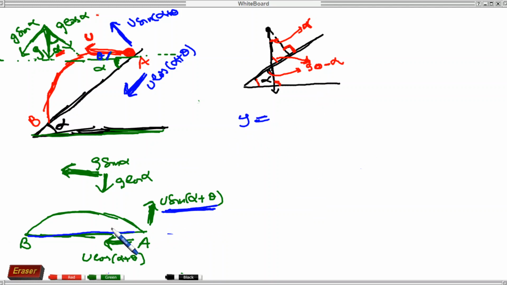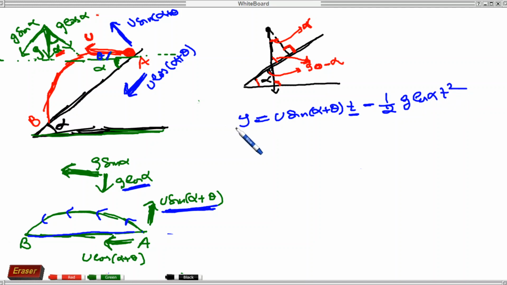The displacement will be 0, so we consider the vertical component. So u sin(alpha plus theta) times t, where t is the total time of flight from A to B, minus half g cos alpha t squared, as displacement is 0.